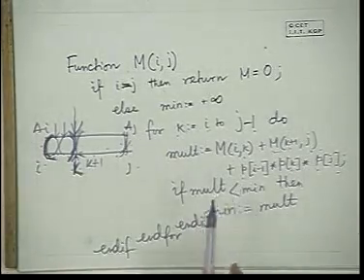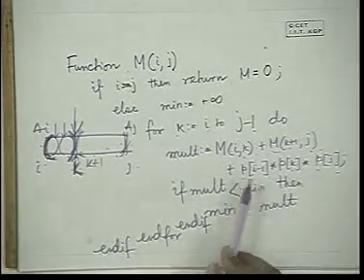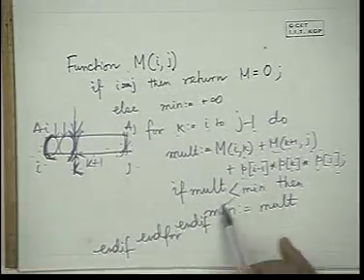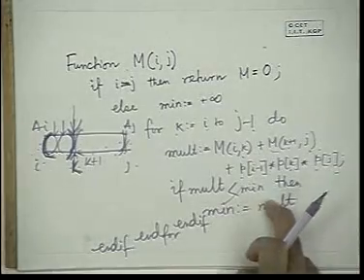The minimum among all of them will give you the global minimum for multiplying ai to aj. Did you understand this step? This step is very crucial to understand dynamic programming. If you don't understand this step, you cannot follow anything else later. Pictorially, did you understand what I said?